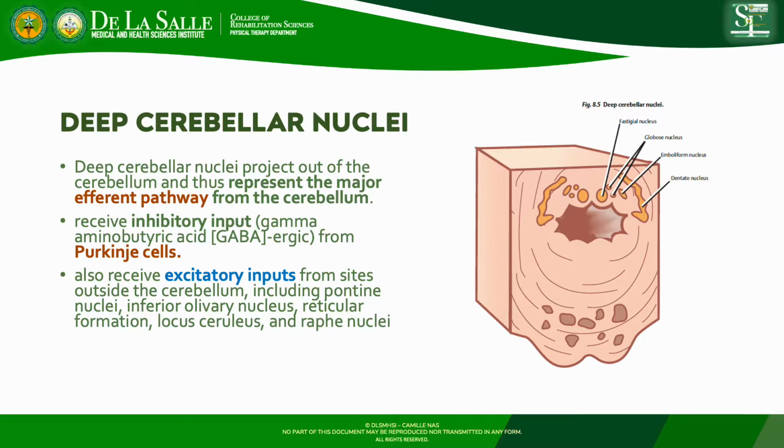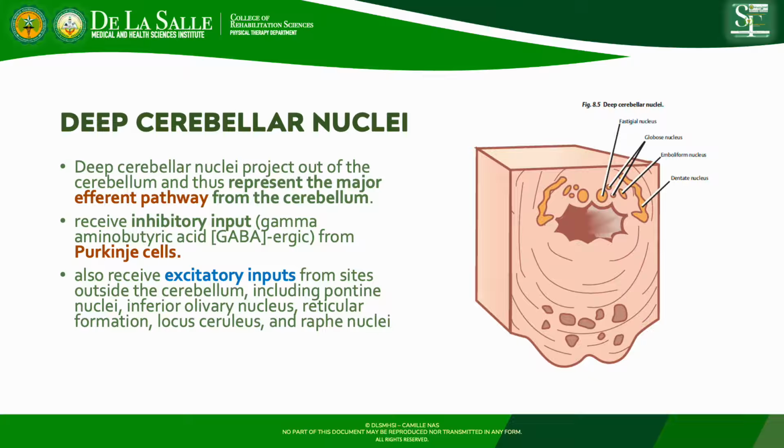Next, let's proceed with the white matter. Embedded within the white matter are the deep cerebellar nuclei. Again, this is different from the neurons that are found within the cortex. The deep cerebellar nuclei project out of the cerebellum and thus represent the major efferent pathway from the cerebellum.